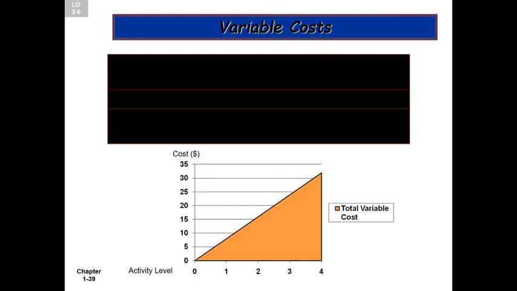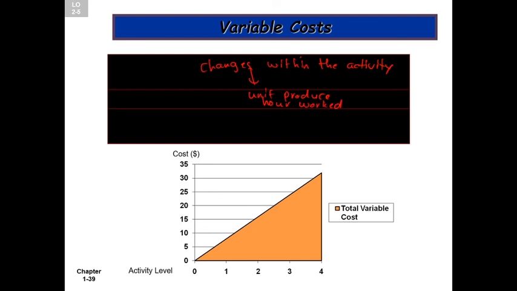Variable cost. Variable cost changes with the activity, based on units produced, and maybe based on our work.